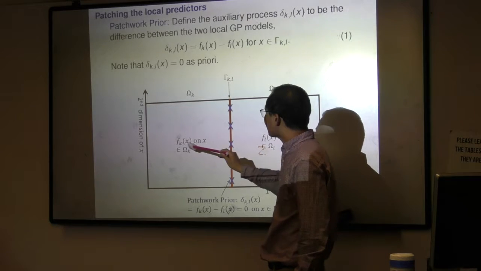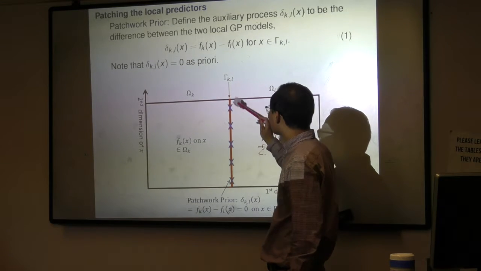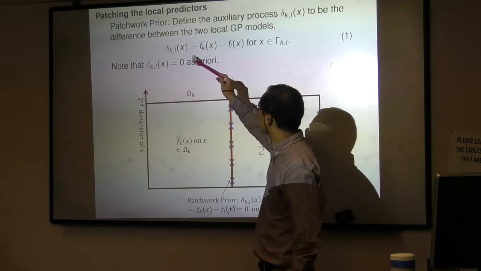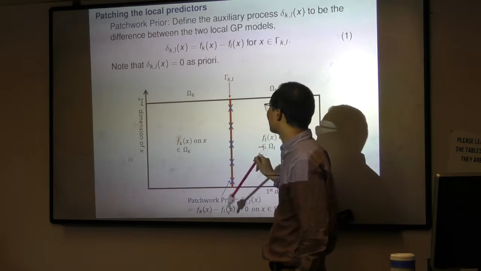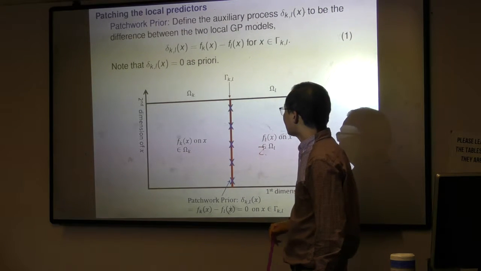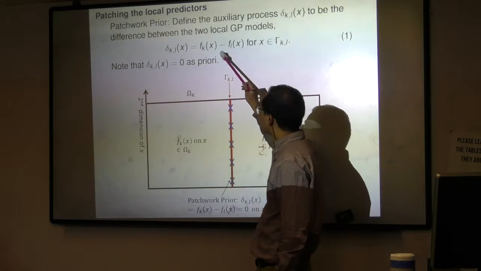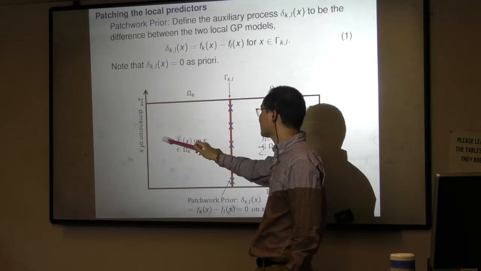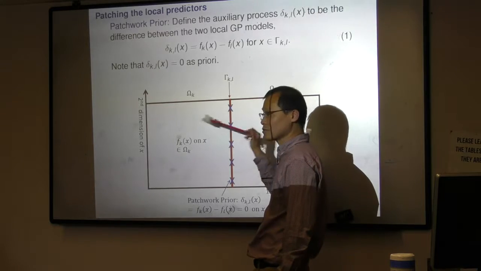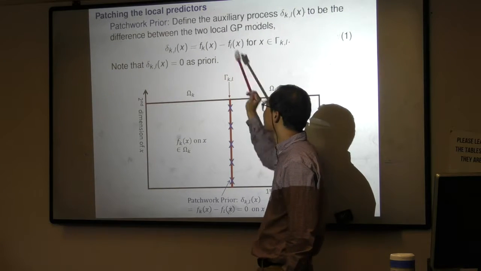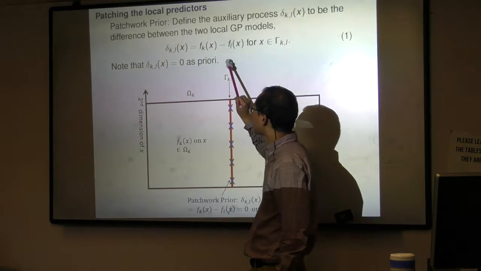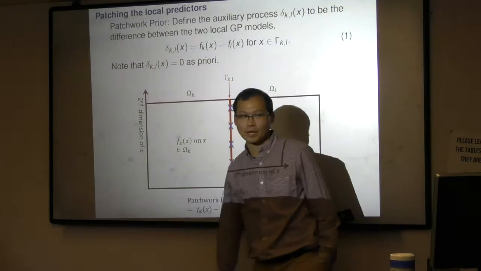We take the difference of these stochastic processes along this boundary; the auxiliary process is only defined on this boundary. As a priori, we know this difference should be equal to 0 in order to make the two local pieces continuously connected. That is the prior information, which we call the patchwork prior.